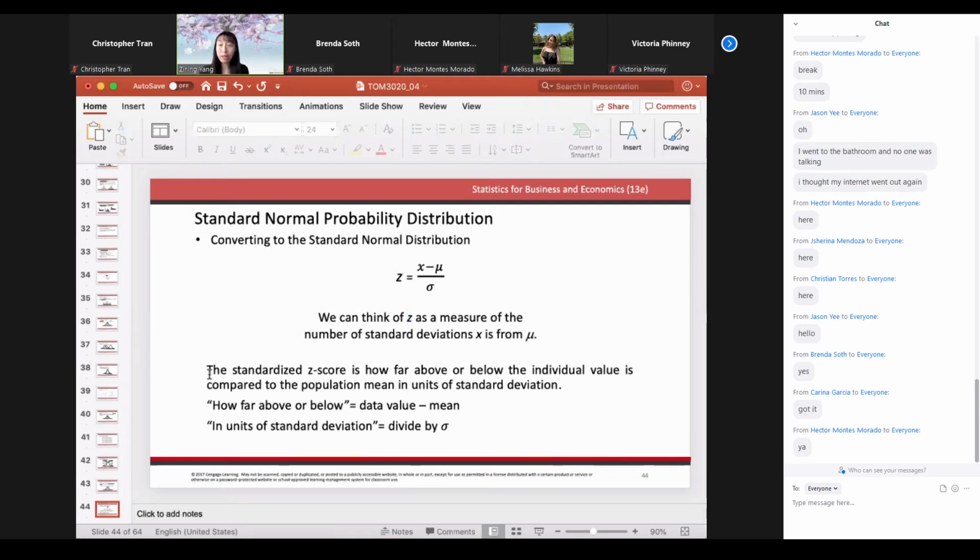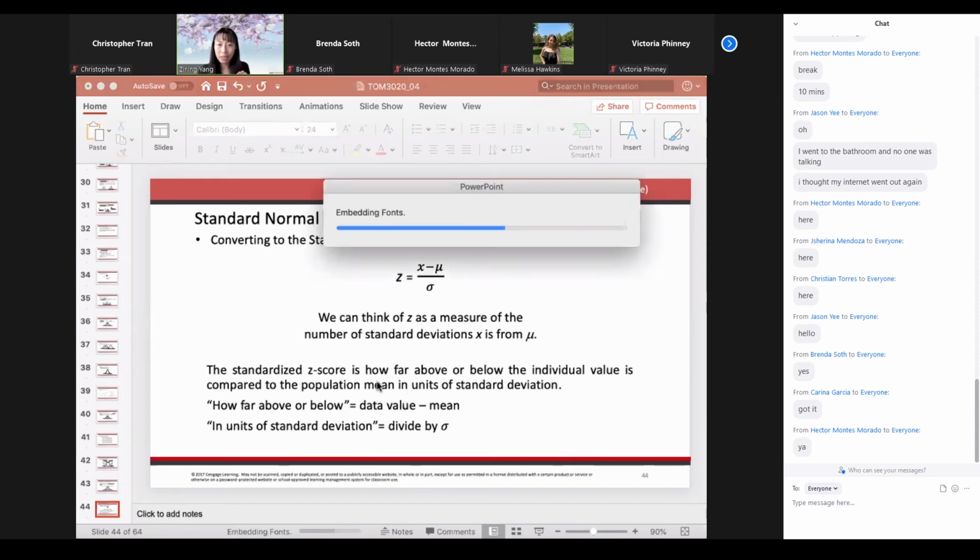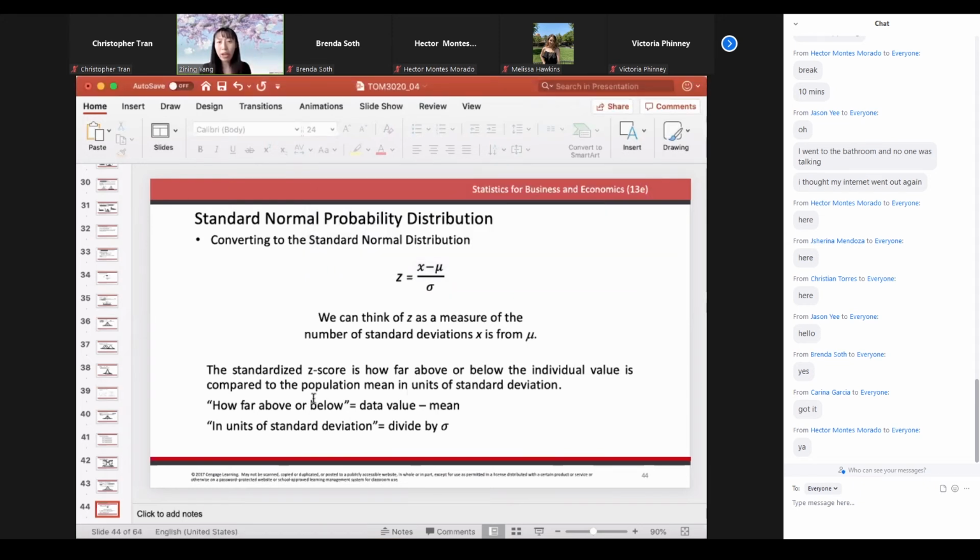This is the single most important thing in today's lecture, and we are going to use it throughout the whole semester. So I want you to pay a lot of attention and be super clear on what a z-score is. The standardized z-score is how far above or below your individual value is compared to the population mean in units of standard deviations.